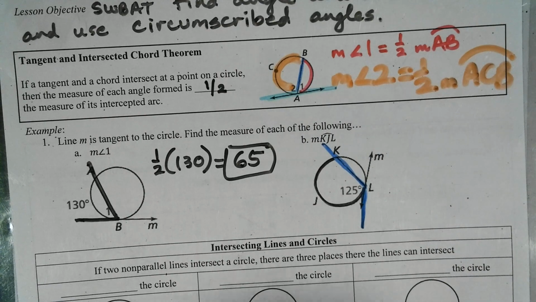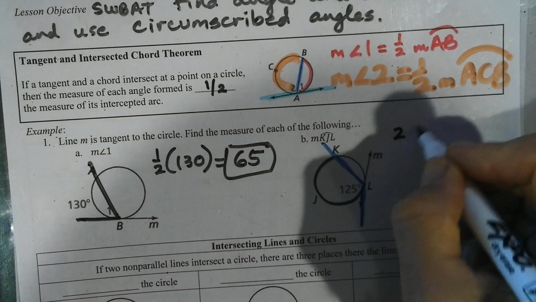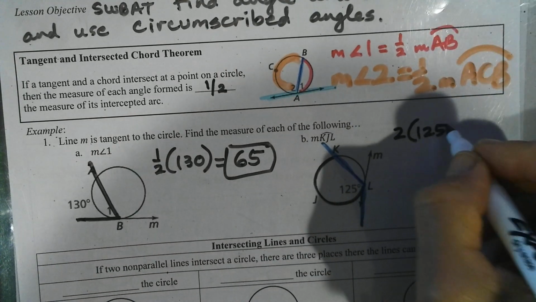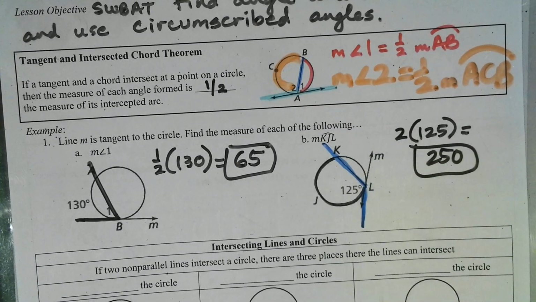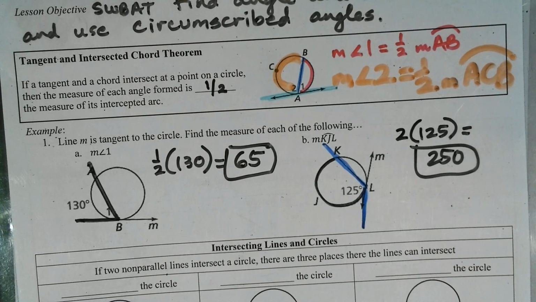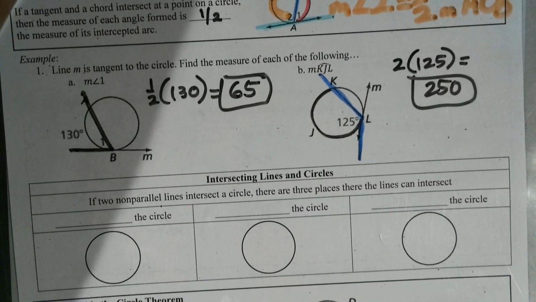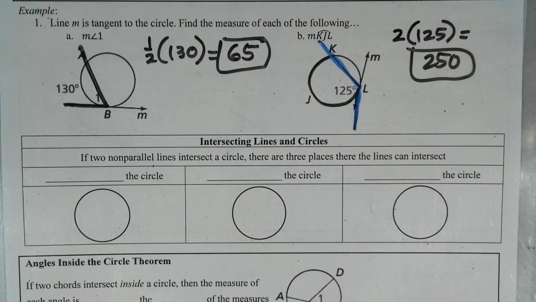So that means that twice 125 will give you the arc. Okay, that's how you use that theorem. Now we're going to move on to the next concept. While you digest that, you'll be able to practice it in Big Ideas.